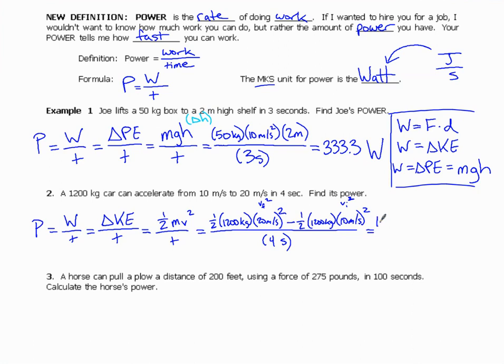So what you come up with is 180,000 joules in 4 seconds, which comes out to be 45,000 watts, or just abbreviated with a capital W, it's fine.